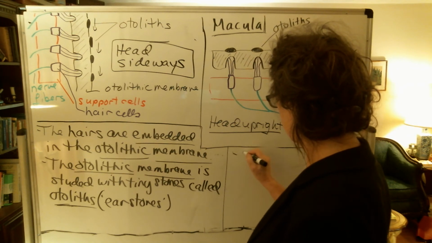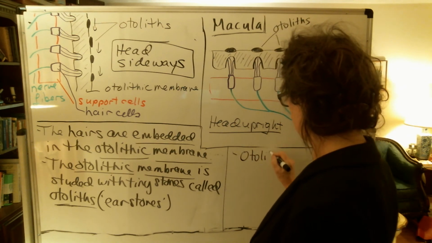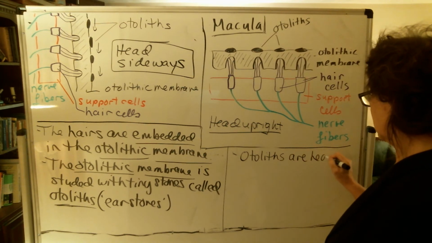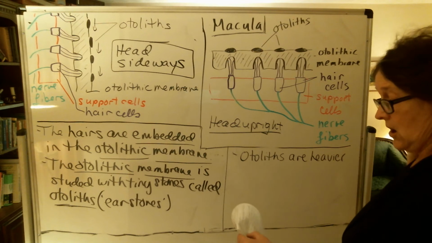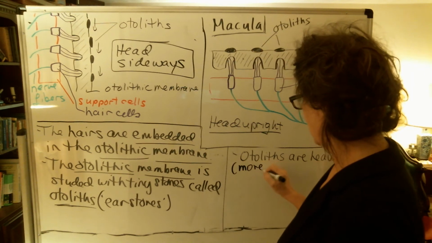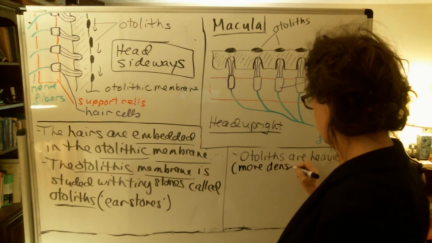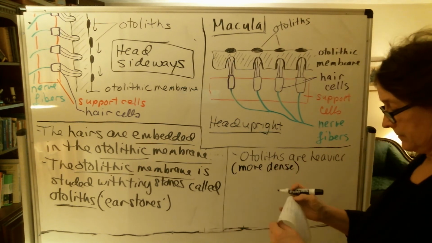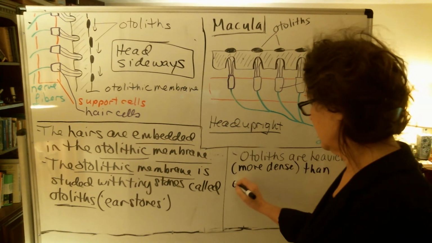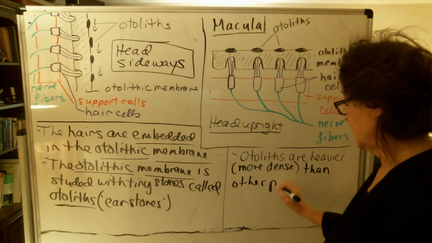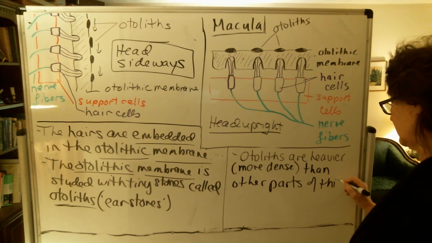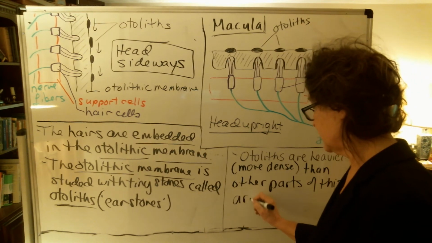And the otoliths are heavier. That is to say, they are more dense than other parts of this arrangement.